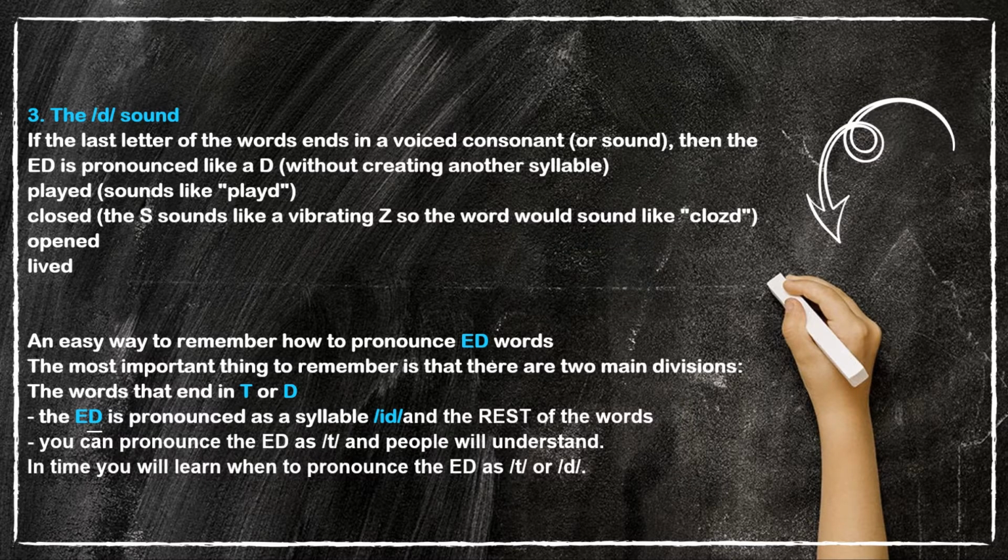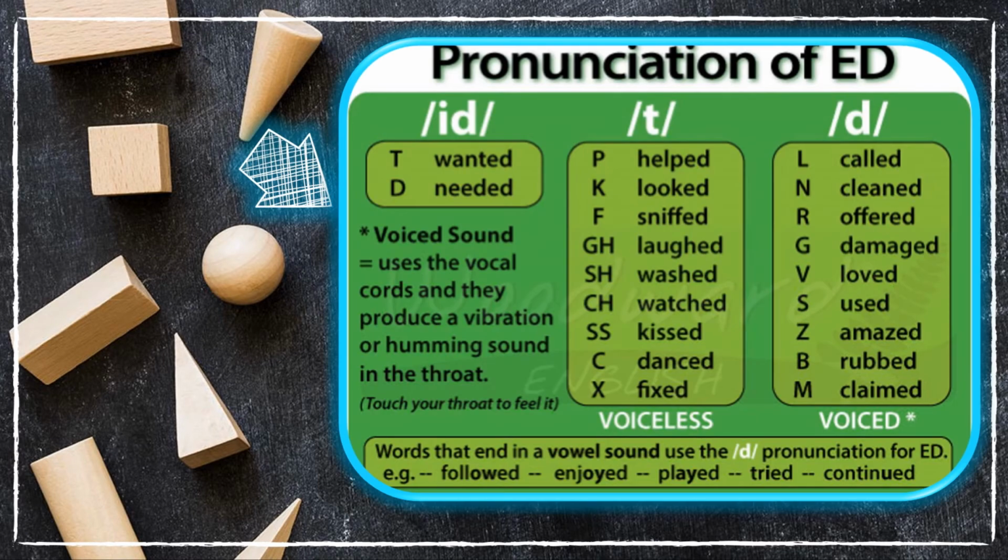The words that end in T or D, the ed is pronounced as a syllable, id, and the rest of the words, you can pronounce that ed as t, and people will understand. In time, you will learn when to pronounce the ed as t or d. Let's see some examples. Pronunciation of ed.